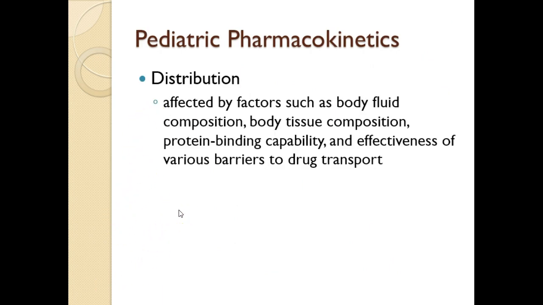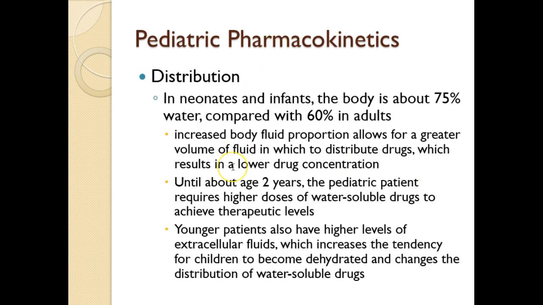Distribution will be affected by several factors, including body fluid composition, body tissue composition, protein binding, and effectiveness of various barriers to drug transport. So for distribution, neonates and infants will have more water proportion compared to that of adults.